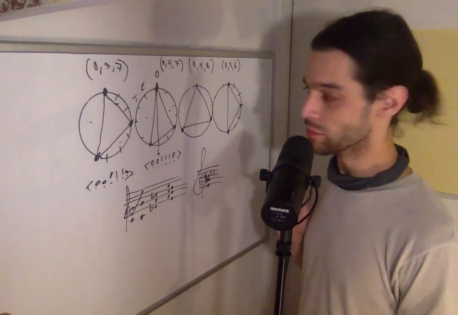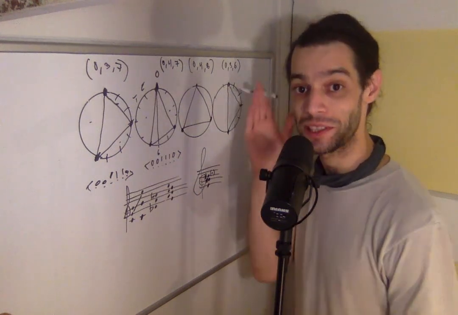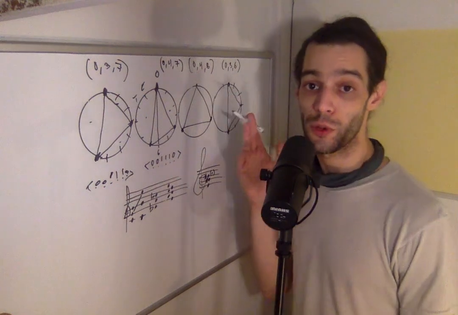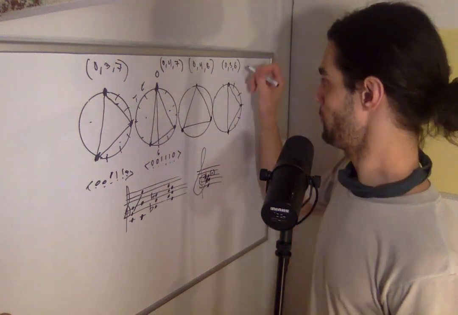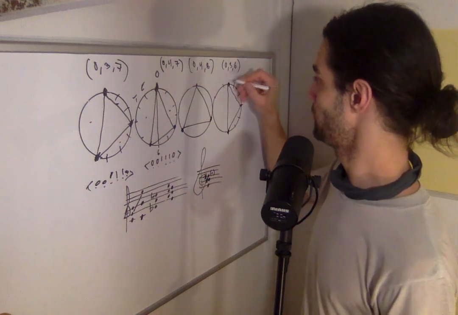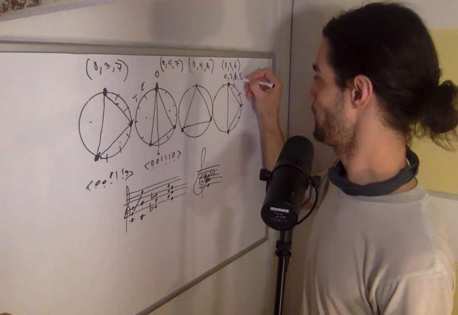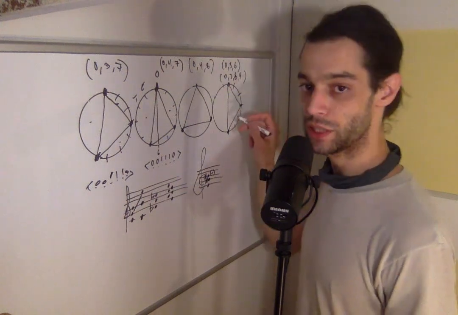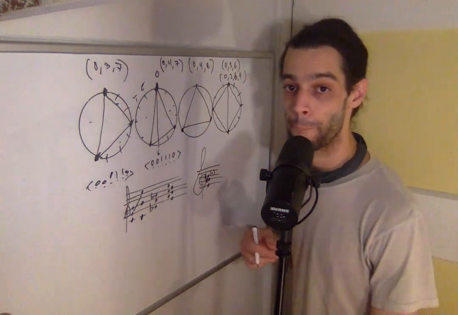Now, if we divide the octave into 3 equally, we get the augmented. If we divide it into 4, we get a collection of minor thirds. So if we add a 9 here, 0, 3, 6, 9, you would get this additional point here. And so now it's a square.